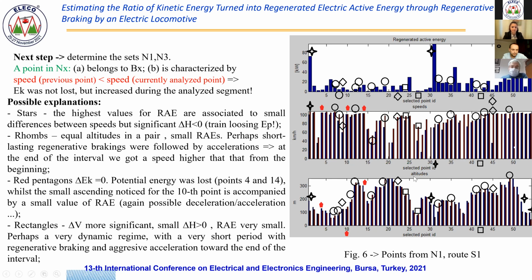You have here, it is not a Christmas tree in the right part. We just intended to give some explanations for what happened here with stars. You can notice the regenerated active energy. They are the highest values and are associated with small differences between speeds. You can see them.